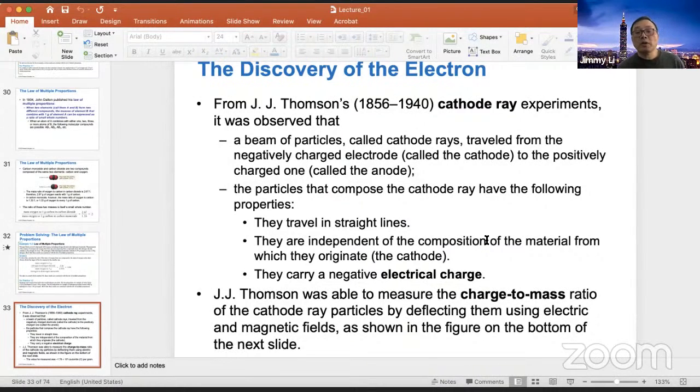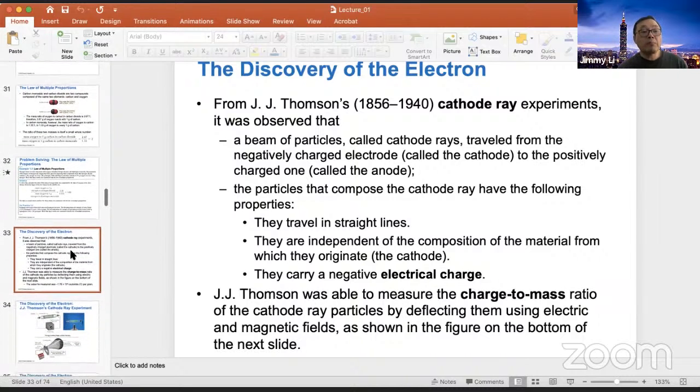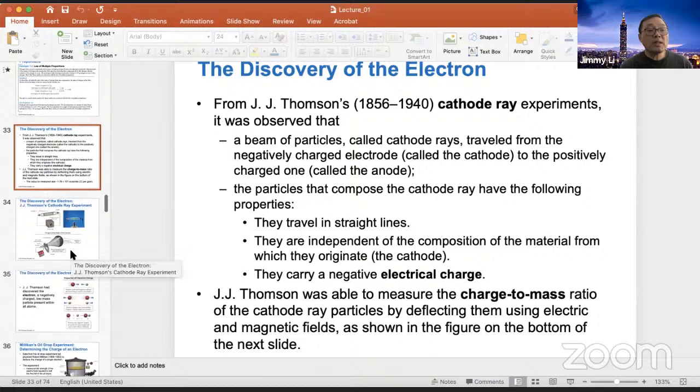Thomson was able to measure the charge-to-mass ratio of the cathode ray, and with Millikan's charge of the electron, we're able to determine the mass of the electron, roughly 9.10 times 10 to the negative 28 gram.